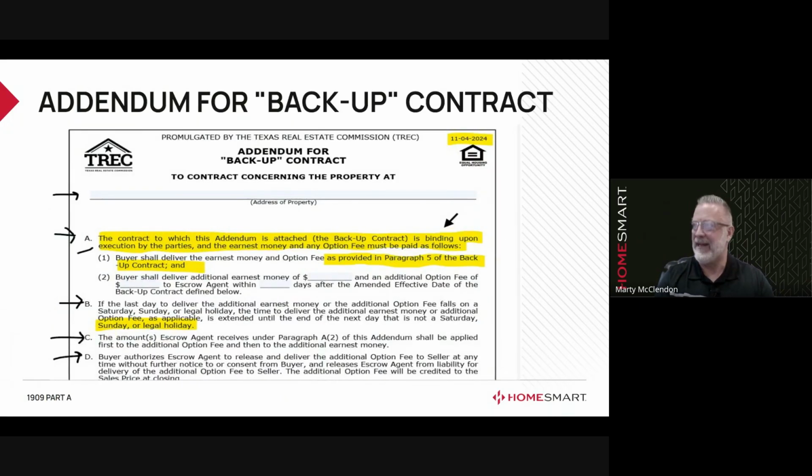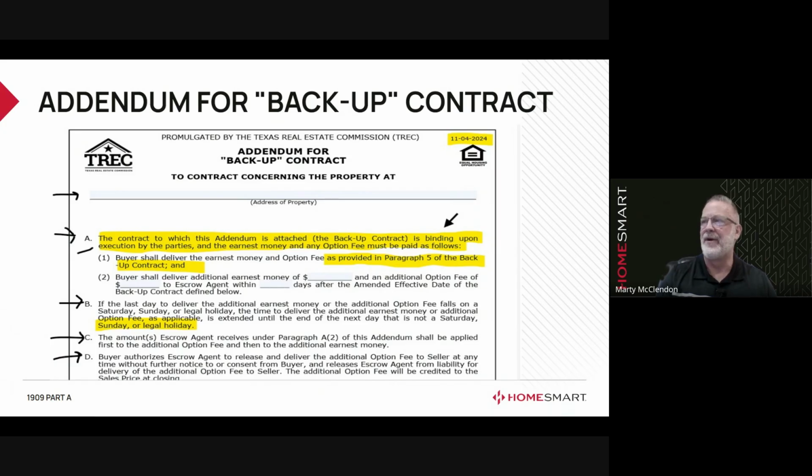So the addendum, the first page is the legalese that goes along with your contract language. The first line says, the contract to which this addendum is attached, the backup contract, is binding upon the execution by the parties, and the earnest money and option fee must be paid as follows.